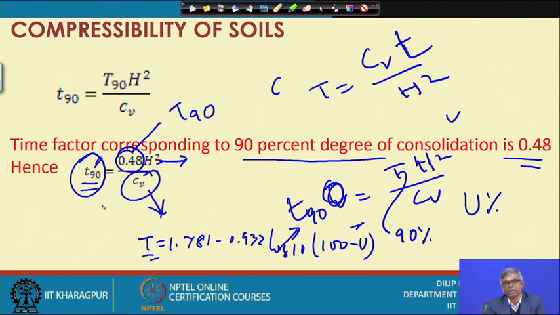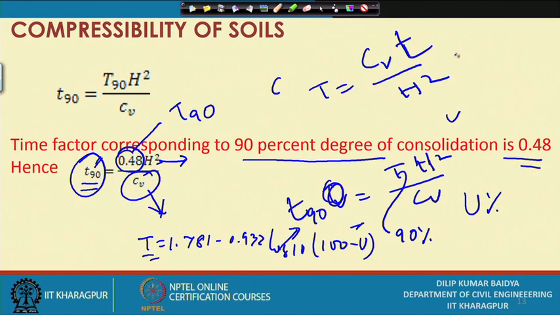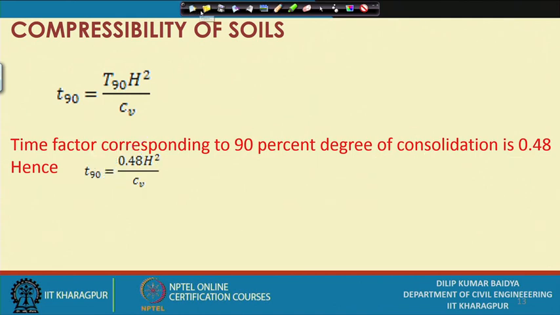So, this is one way, that is called the root time method. For determination of the CV value from the consolidation test, there are a number of methods. This is called the root time method. Let me show you the previous slide.